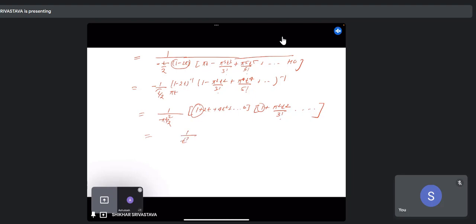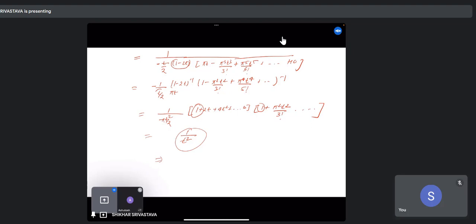Because the rest of the terms are higher powers, since t square upon t becomes t. So the highest negative power you are getting in this series is 1 by t. Are you with me? Is it okay? Yes, sir. Okay, so the highest negative power is 1 by t.